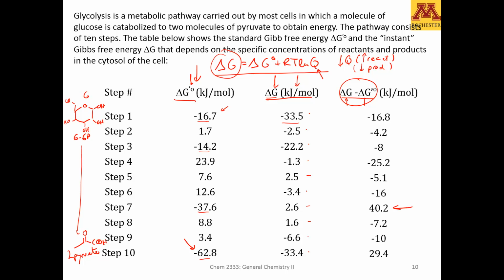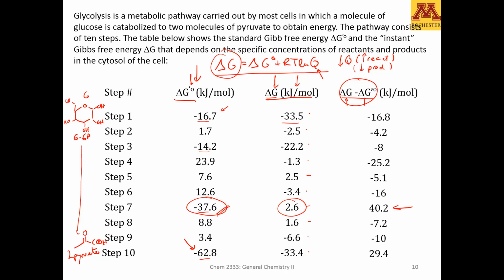Notice that it was in principle a fairly product favored reaction, actually the second most favored reaction, but the cell has put so many products in the cytoplasm that it has converted what in the standard conditions would be a product favored reaction into a reactant favored reaction.